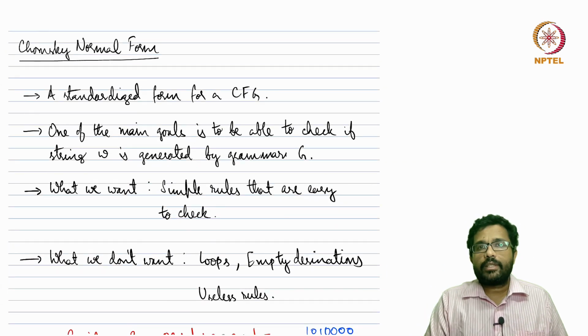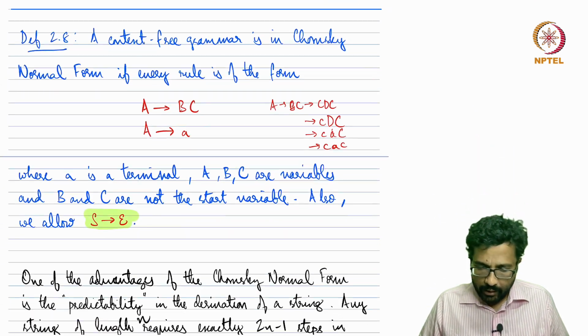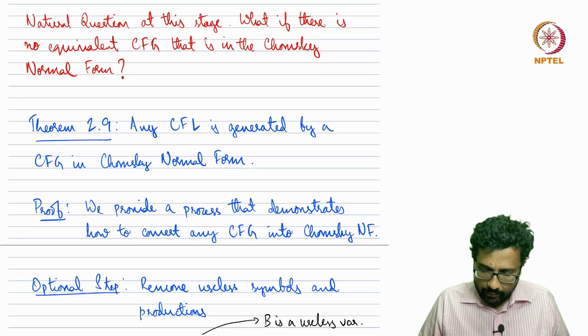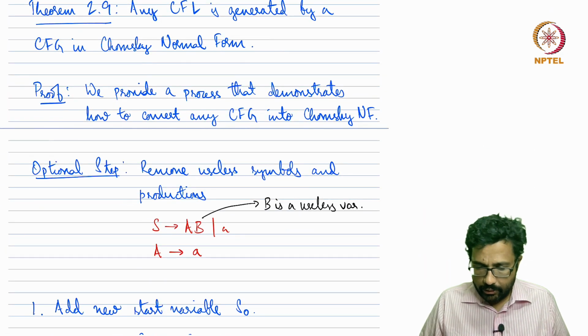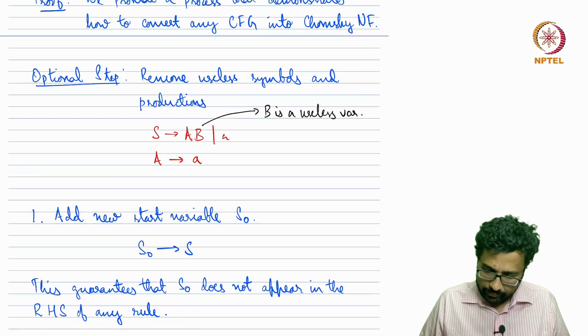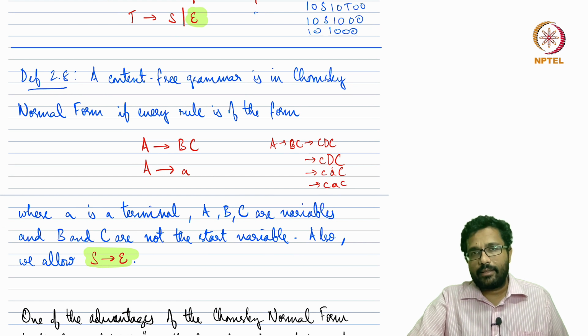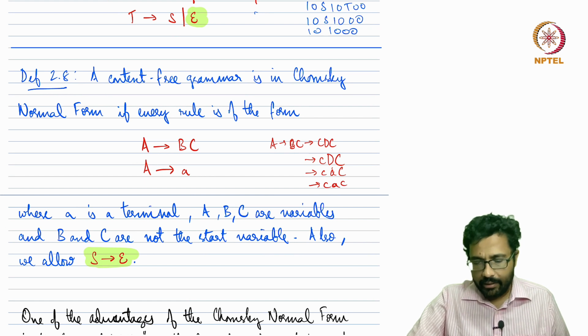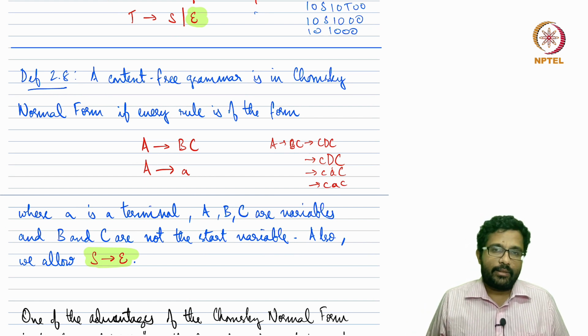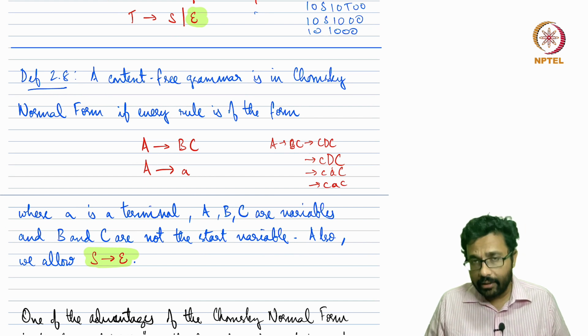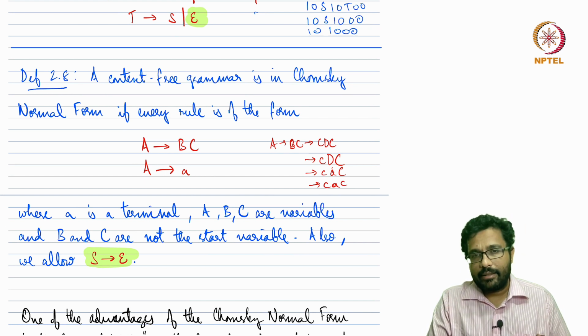Basically, we introduced Chomsky normal form, which is a standardized form where the rules are of these two types: A gives BC, where B and C are variables, or A gives small a, where small a is a terminal, right? And in addition, we allow S gives empty string, and the start variable should not appear on the right hand side.